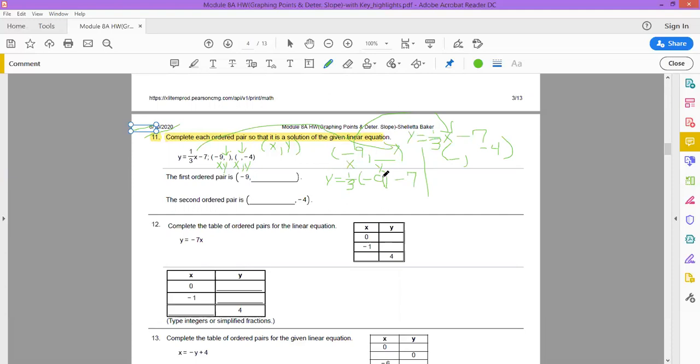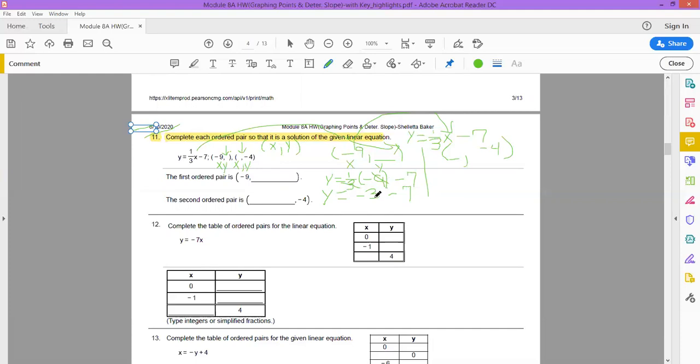And then we'll simplify here. 1/3 times -9. You can even punch this into your calculator. If you divide 1 by 3, you'll get a decimal, 0.3 repeating, and then you multiply that by -9. And what you'll get is -3. Then we'll carry down the -7. So y equals -3 minus 7.